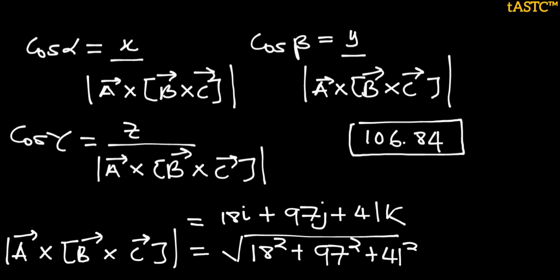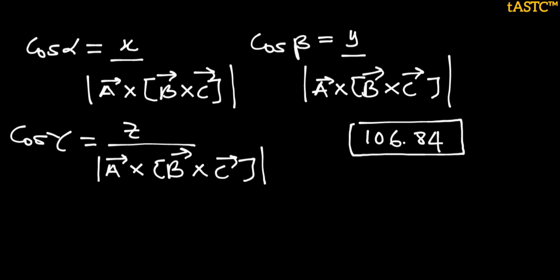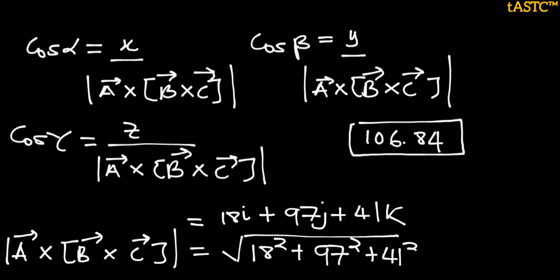So we need to find all the others now. Everything from here on should come off easy. If we want to find cosine alpha, the first direction cosine, we needed to find what x is. I'm just going to take this stuff back. We have x equal to 18, y equal to 97, and z equal to 41.